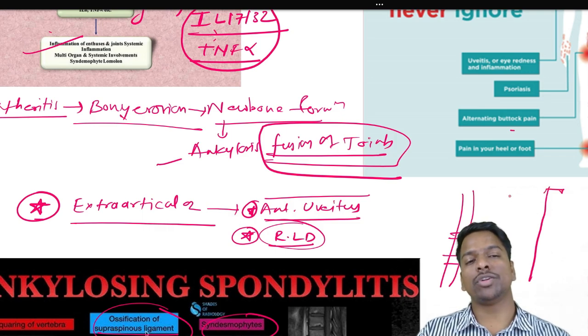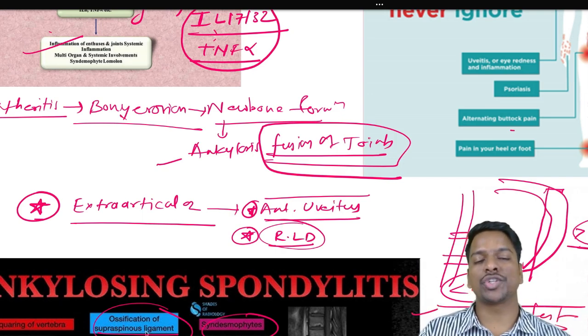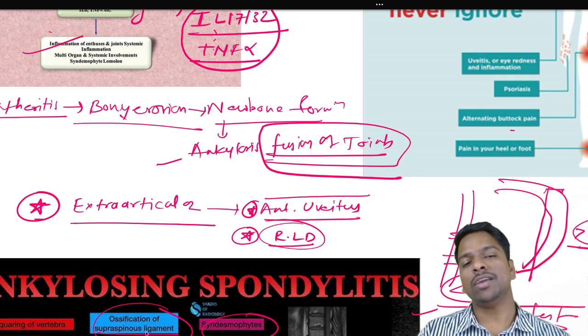Normally whenever you are bending your spine, the distance should increase by more than 5 centimeters. If it is not increasing by 5 centimeters, if it is less than 4 centimeters, then you say this is a positive Schober's test, and that is one of the features, not diagnostic, but one of the clinical signs for ankylosing spondylitis.